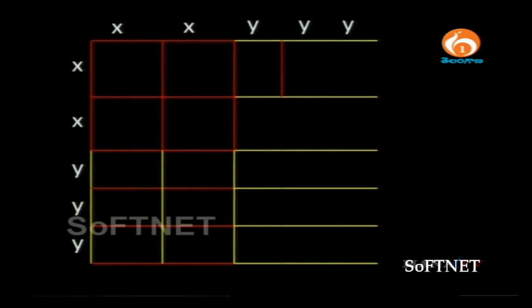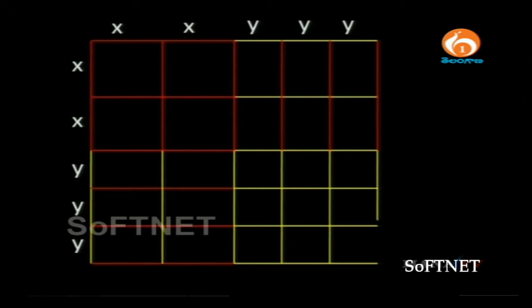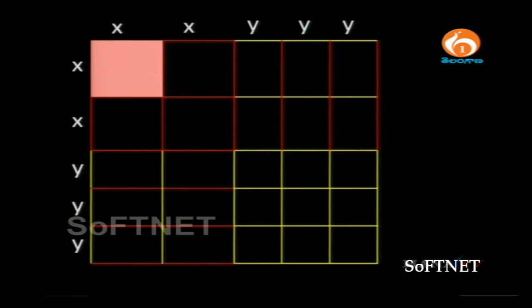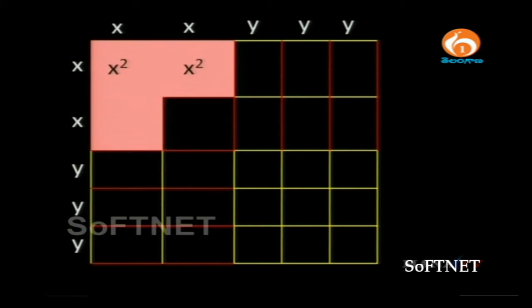Dear children, observe keenly how many squares are formed, how many rectangles are formed, of what color they are formed. All these things you have to observe. Here, for representing the line segment x, we considered red colored lines, and for representing y, we are taking yellow colored lines, right? Now we are getting squares.